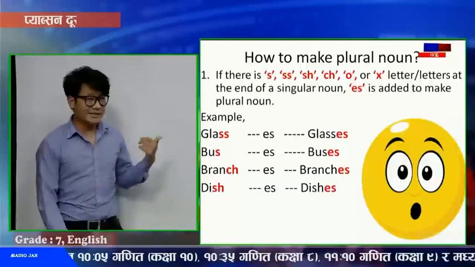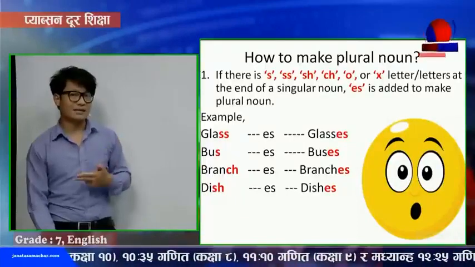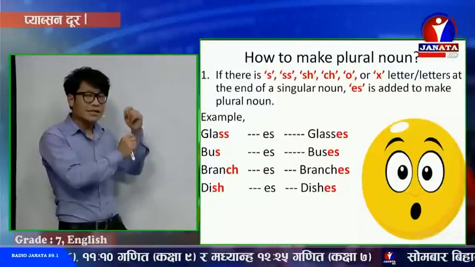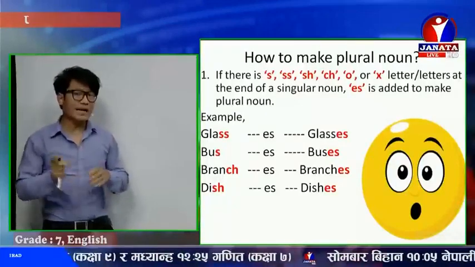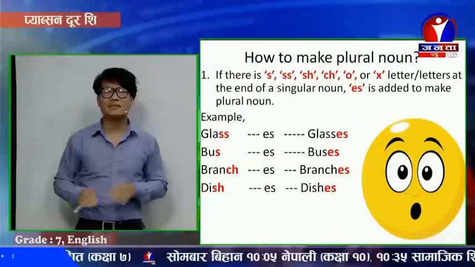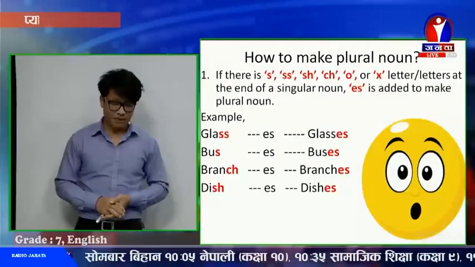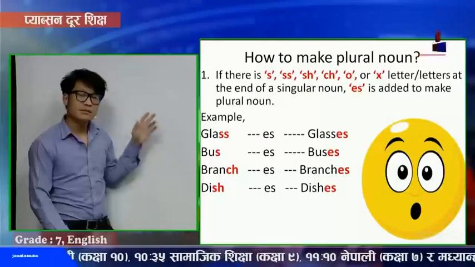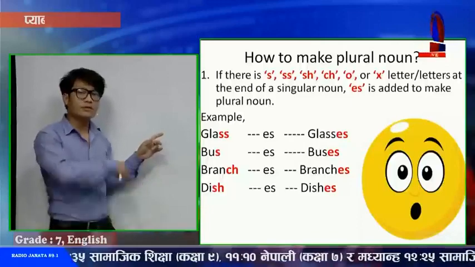Next is a dish. So you can see sh letters, dish, and now we add es and it becomes dishes. So these are the way how we change singular countable noun into plural.